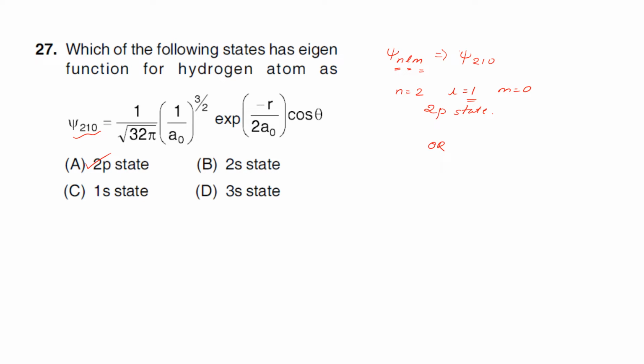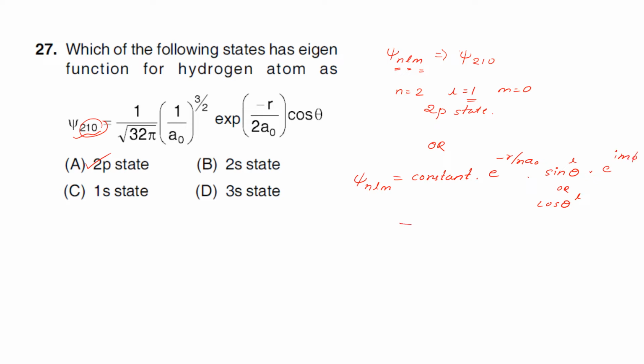If this is not mentioned, how do we find the state of the function? The wave function for the hydrogen atom is given by psi n l m. It is a general expression: some constant into e raised to minus r upon n a naught, into sin theta raised to l, or sometimes cos theta raised to l, into e raised to i m phi.